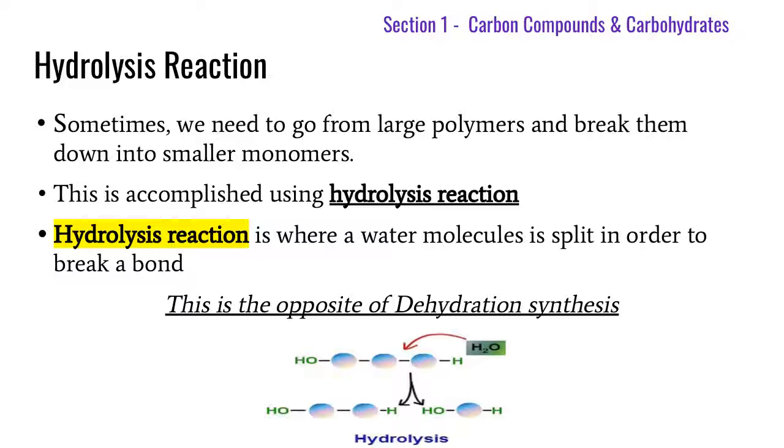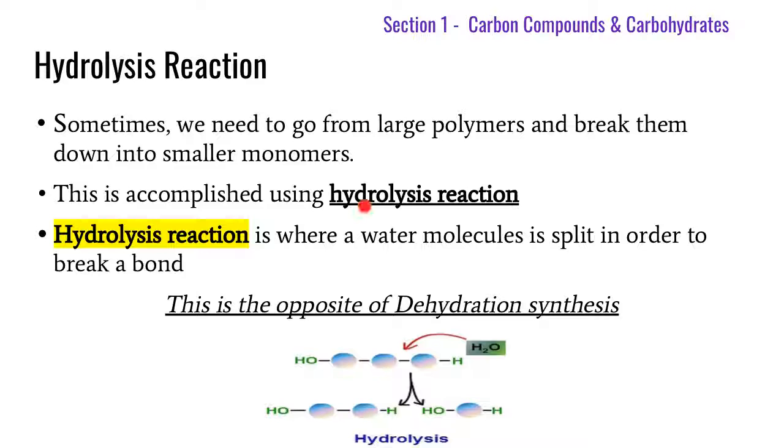There's also going to be times where we start with a very large subunit of something and we need to break it down. So what we're going to do is we are going to use a different reaction called hydrolysis reaction. Hydrolysis reaction is where a water molecule is split in order to break a bond. So when we break bonds, we're going to release that energy.